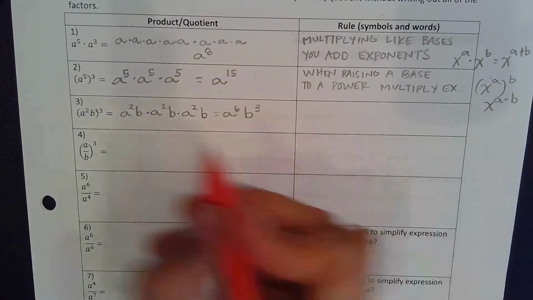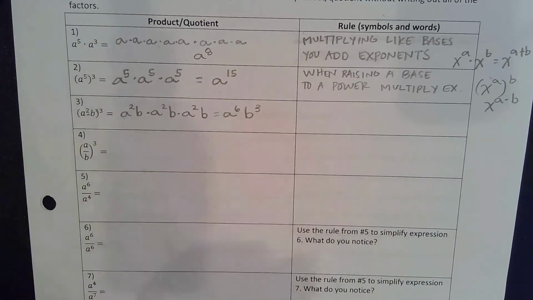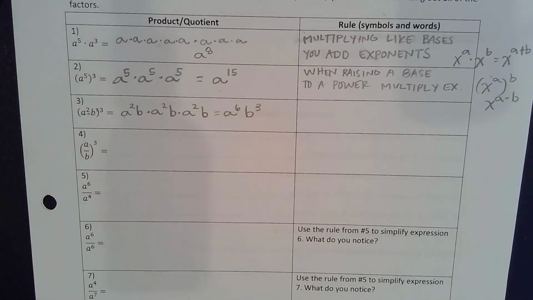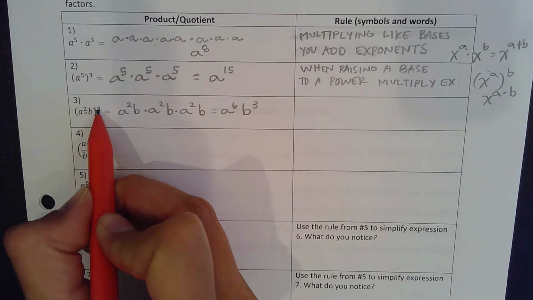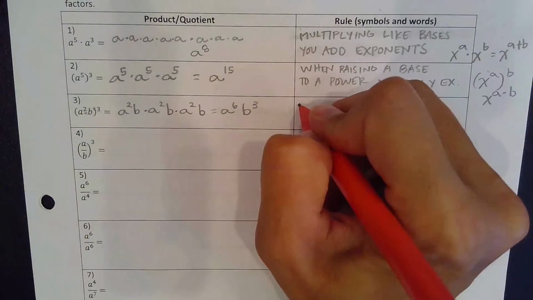This is multiplication. It has to be multiplication right there, though. There are no addition signs. These are just monomials. Okay, when you are raising a monomial to a power, you can distribute that power inside.